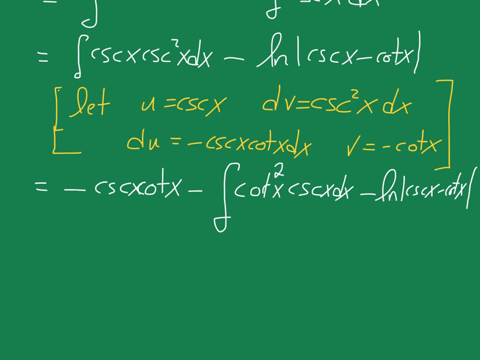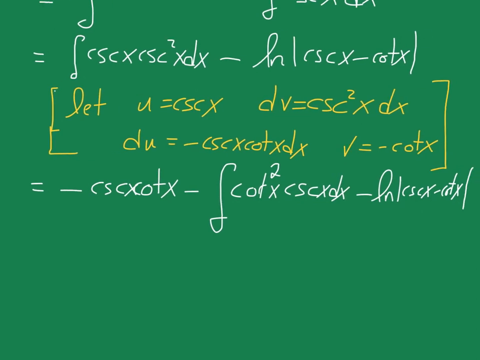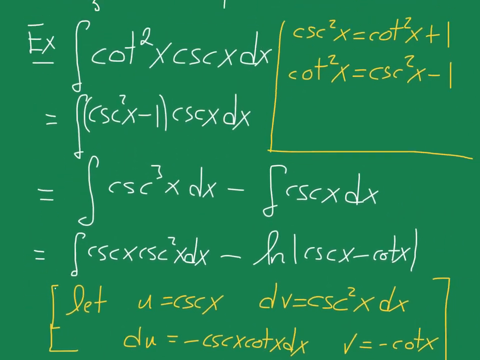Well, remember, when you're integrating by parts, you should always look for your original integral to appear. And what do we have here? Our integral here that we're looking at is cotan squared x times cosecant x. Well, there it is. That is, in fact, just exactly our original integral.